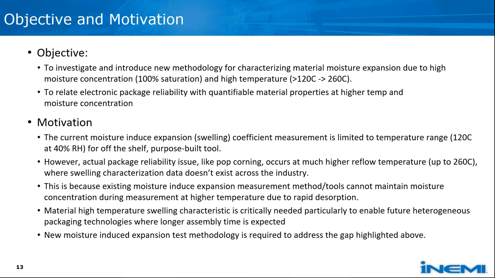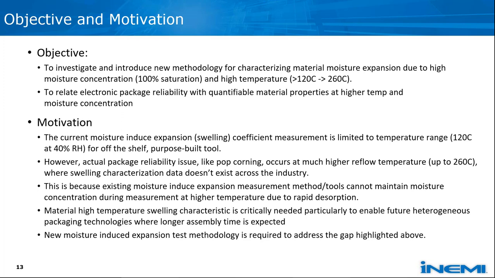If successful, we'll move to a phase two, where we'll look into more extensive material testing with the goal of using those results to eventually do some form of reliability assessment. The motivation, as discussed previously, is to extend the present measurement capability beyond the 80 to 120 degree range up to the reflow process temperatures of 250 to 260 degrees C.